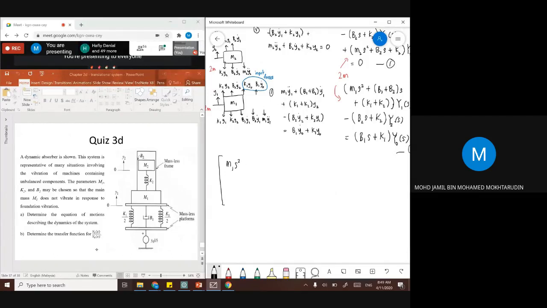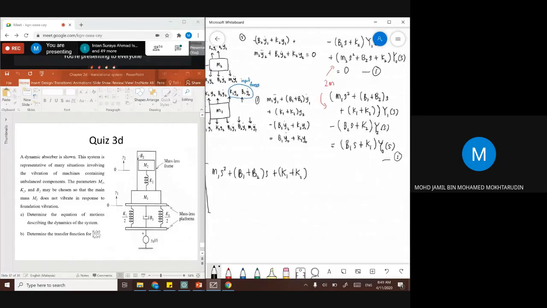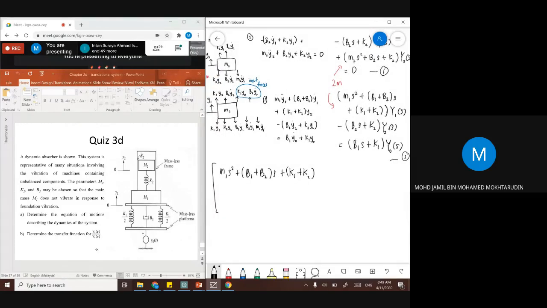M1S squared plus B1 plus B2S plus K1 plus K2. And here will be B2S plus K2.